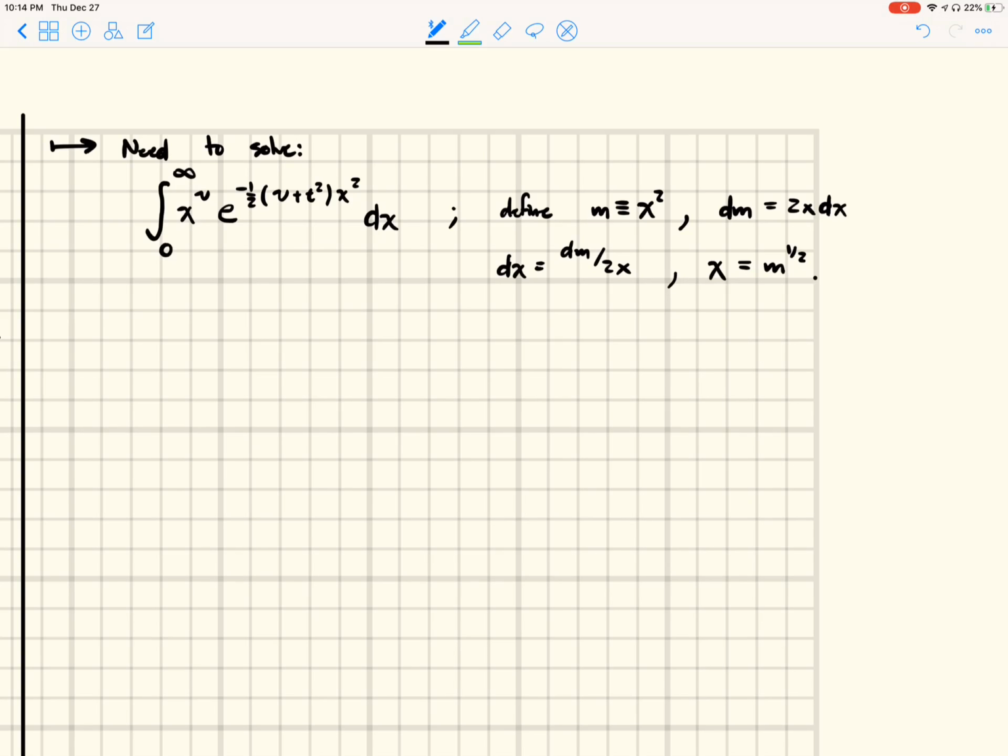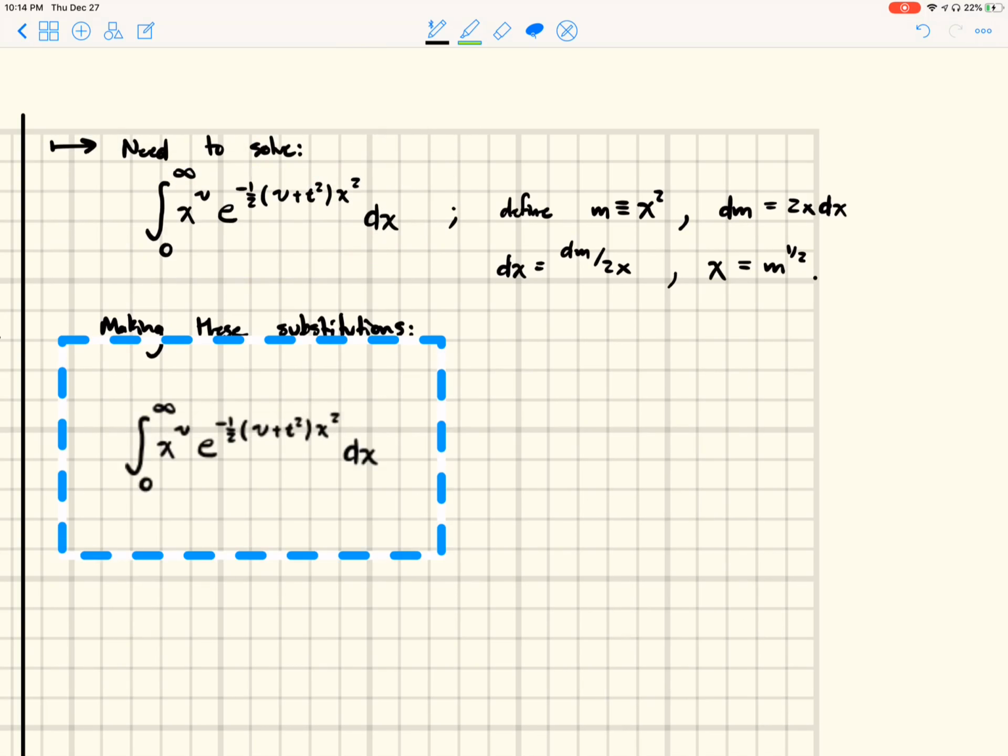Making these substitutions, we're going to get another integral, and I'll just copy this to save myself some time.